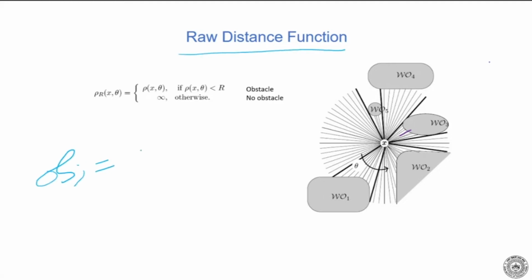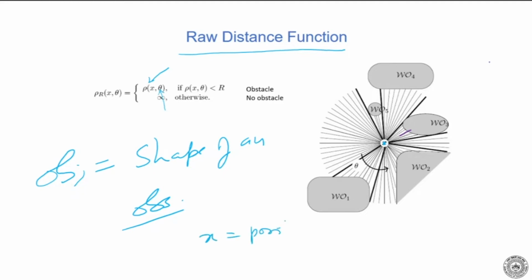The objective of the distance function is to find out the shape of an obstacle, right? We want to find the shape of an obstacle. So the distance function essentially consists of rho, which consists of x and theta. X is where the robot is in the workspace, and theta is the sweep angle. Okay, so x is my position, and theta is my sweep angle.